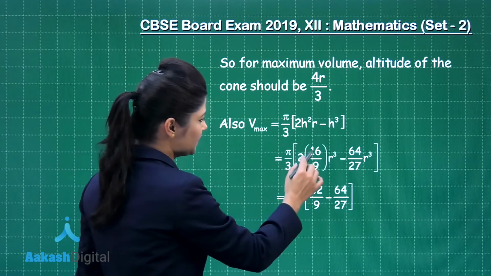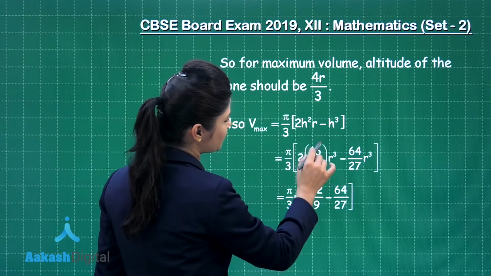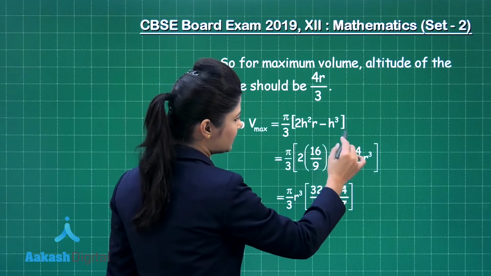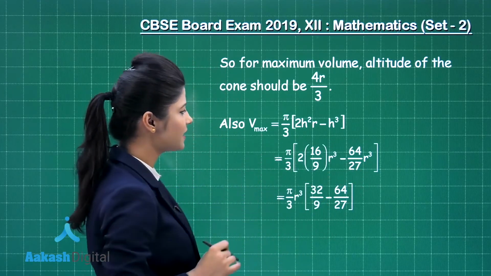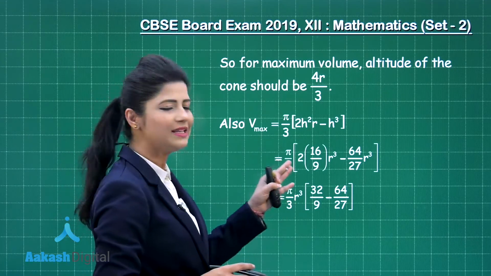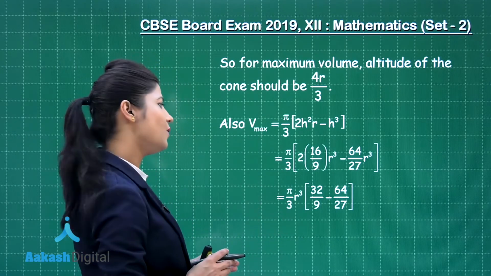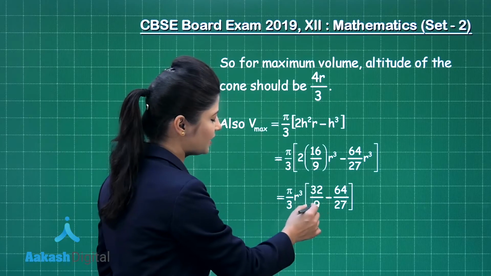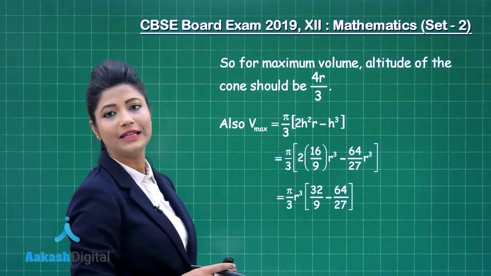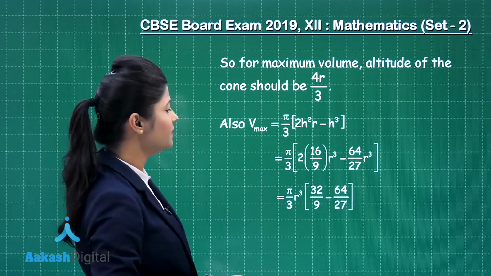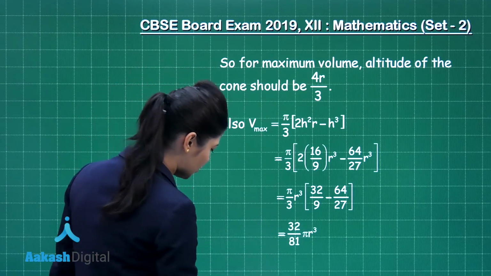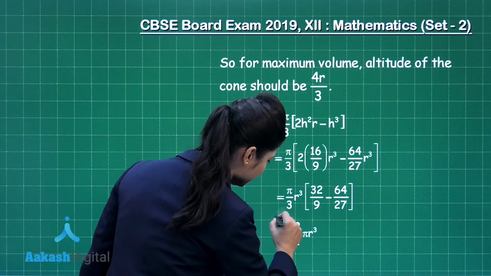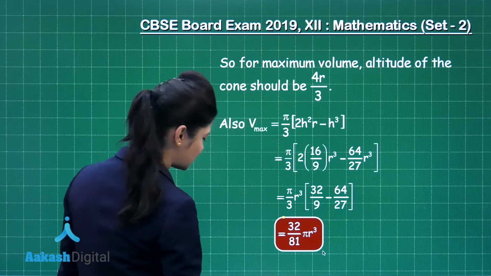That gives me 16 upon 9 r square into r, minus 4 by 3 whole cube, that is 64 upon 27 times r cube. On simplification you obtain 32 upon 9 minus 64 upon 27. This clearly gives you the maximum volume equal to 32 upon 81 pi r cube. So this is the maximum volume.